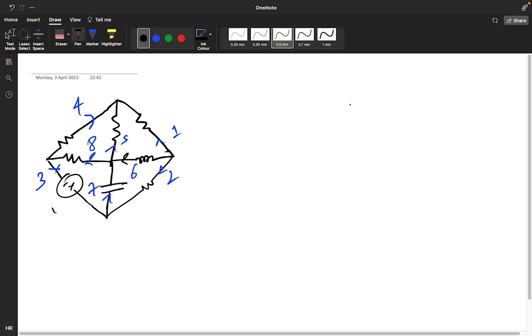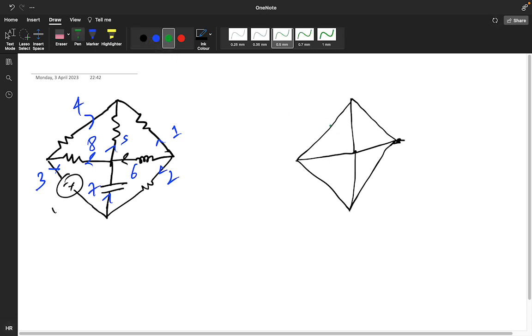So if I want to develop the graph, my graph will be like this. Draw the same notations: 4, 5, 1, 6, 7, this was 8, this was 3, this was 2.